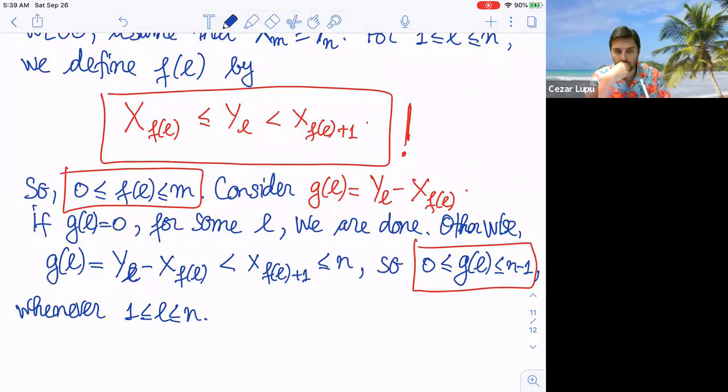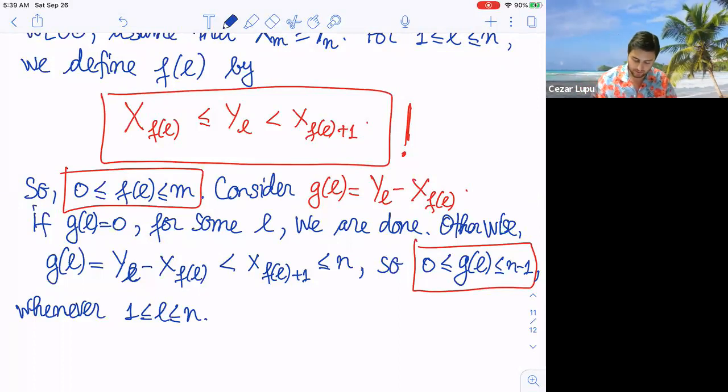Okay, now if you look at it, now we're ready. I'm ready to apply the pigeonhole principle, right? Because g of L is between 0 and n minus 1. So this implies that I'll have two indices, let's say L0 and L1.